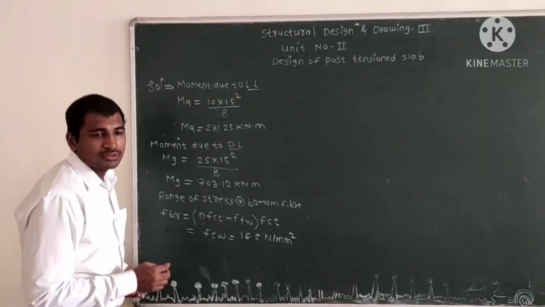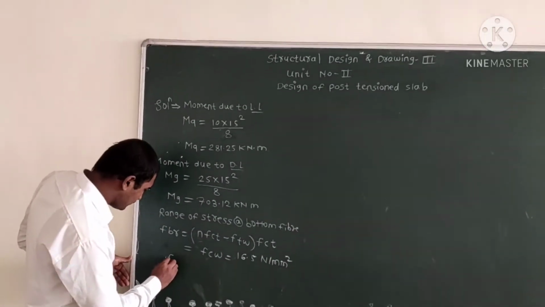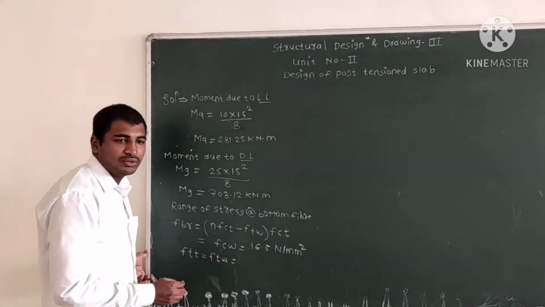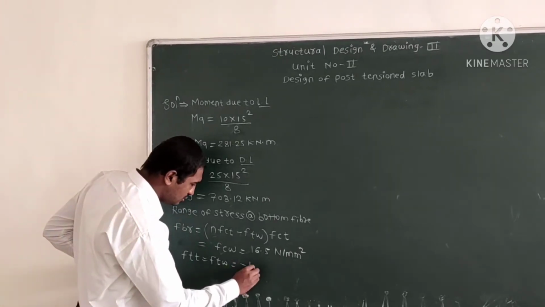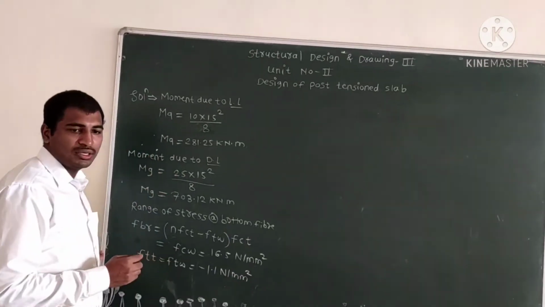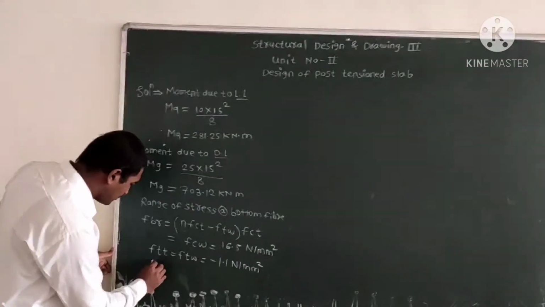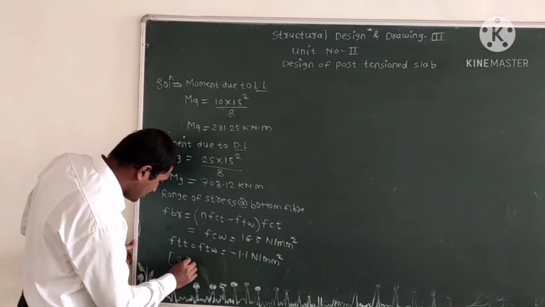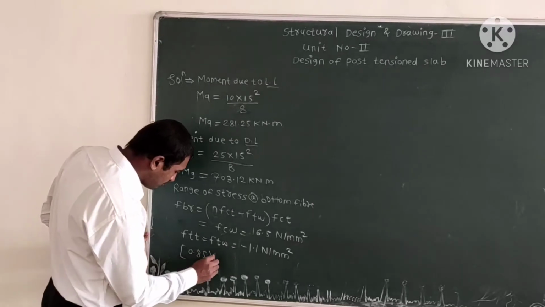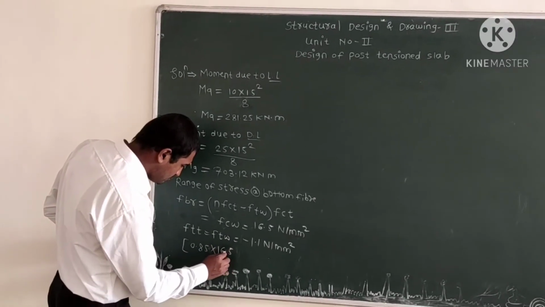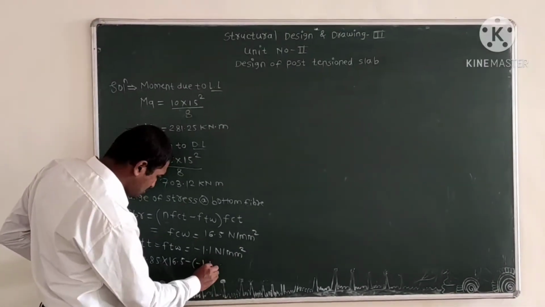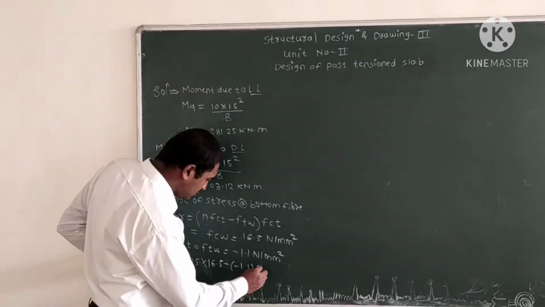Then FTW is equal to minus 1.1 Newton per mm square. That is equal to 0.85 into 16.5 minus 1.1 into the yang.